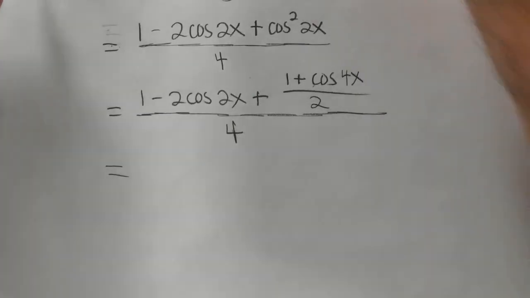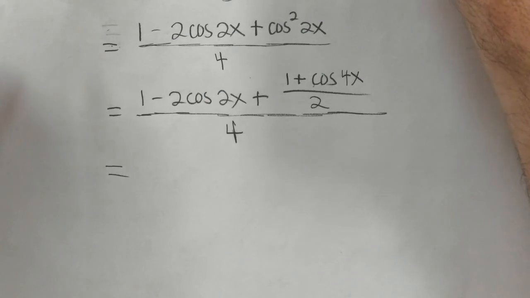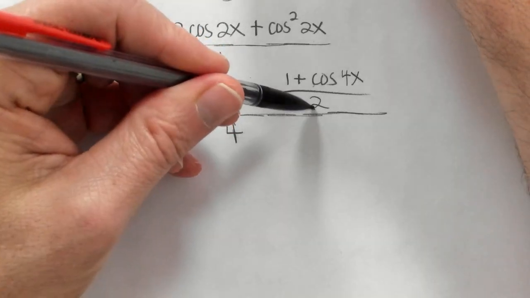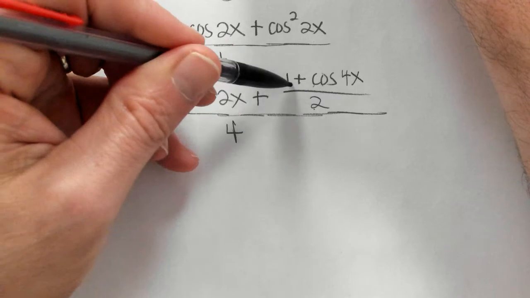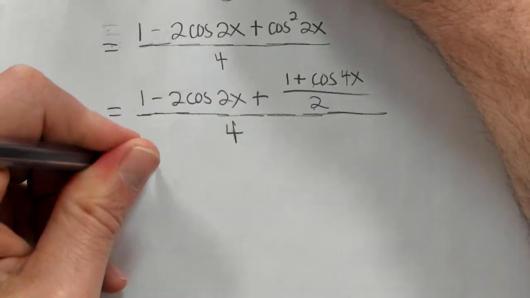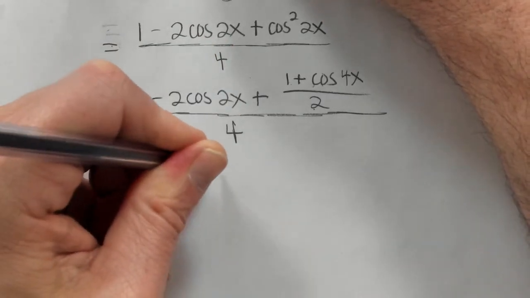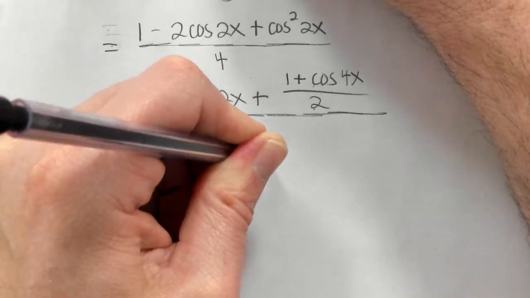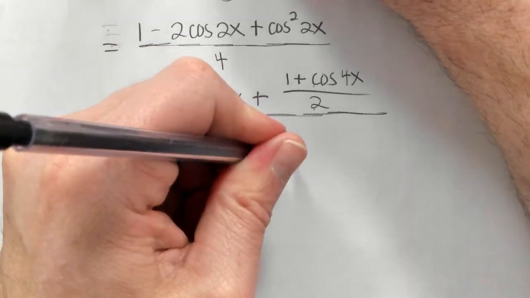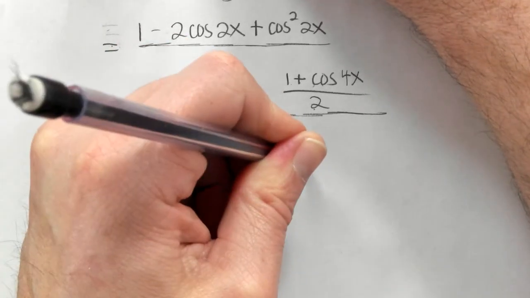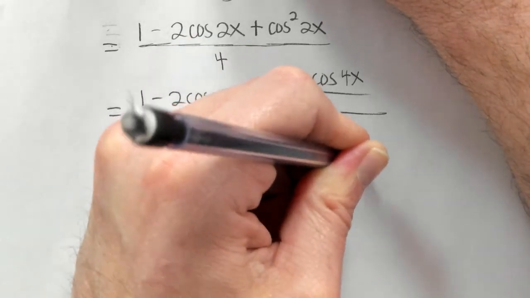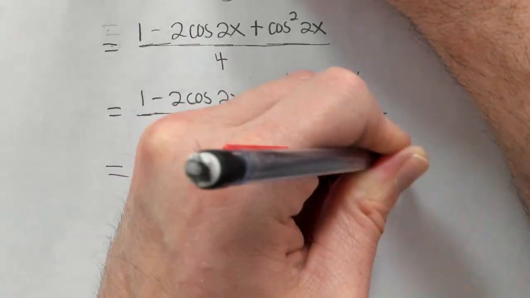better form. Okay, so the first thing that we should probably do here is, let's see, I can take this and write it as two separate fractions, you could say. So this would be 1 minus 2 cosine of 2x, and then plus, we can go ahead and make that 1/2 plus 1/2 cosine 4x.